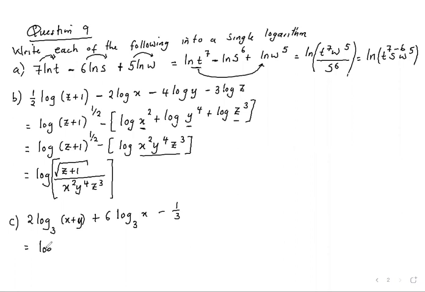So we have log 3 x plus y squared plus log 3 x power 6, and then minus log 3 to the power 1 over 3.